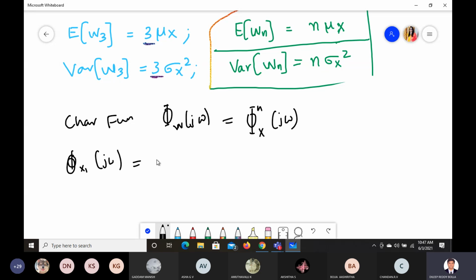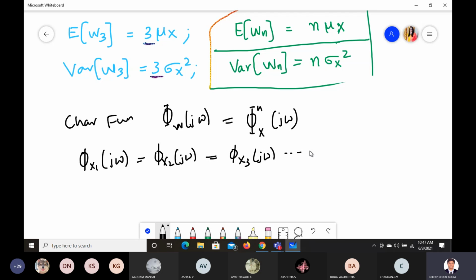Carefully listen here. Phi x1 of j omega, this value equals to phi x2 of j omega, this is equals to phi x3 of j omega.